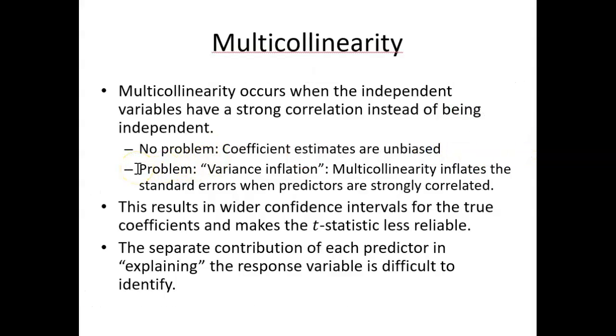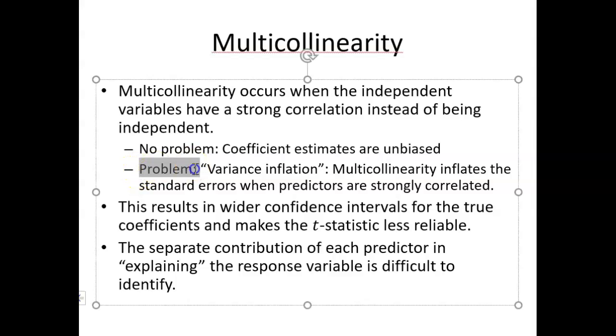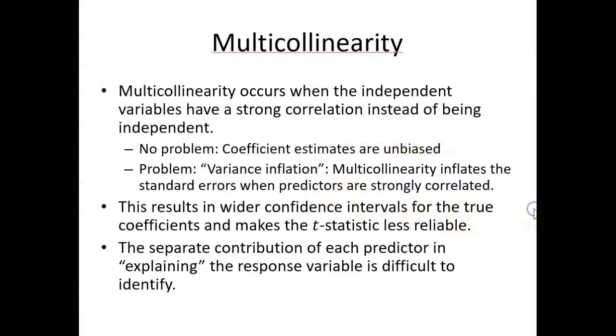But typically, the problem is what's called variance inflation. The standard errors will be larger than they really are when predictor variables are correlated with each other. What this does is it makes the t-statistics too small and increases the confidence intervals on the coefficients.